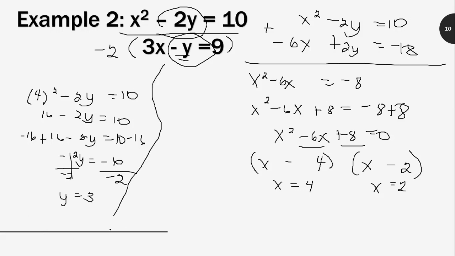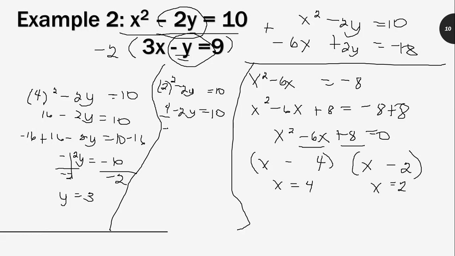And then next po is positive 2. 2 squared minus 2y is equals to 10. 2 squared is 4 minus 2y is equals to 10. Then, tanggalin po si 4.